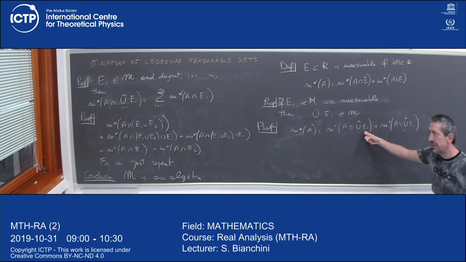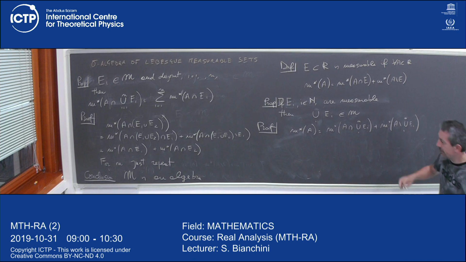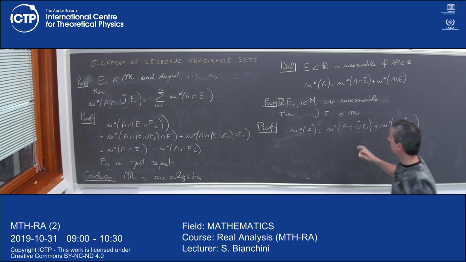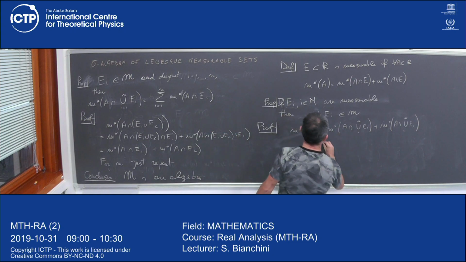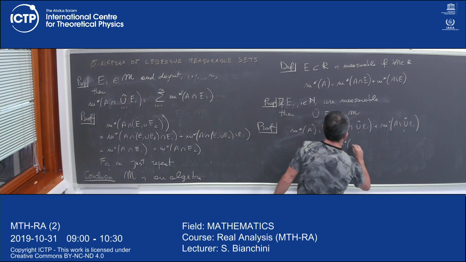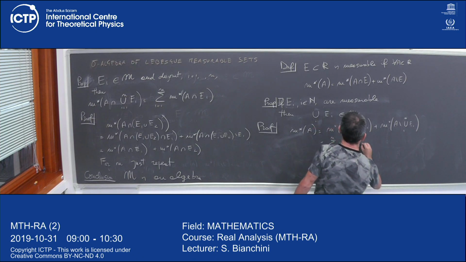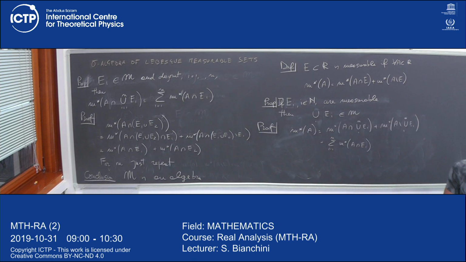But now here I have that this thing is, I thought I switched the proof. So here we already proved that this holds. So this is the sum of M star of A intersection Ei. And okay, then keep the rest.